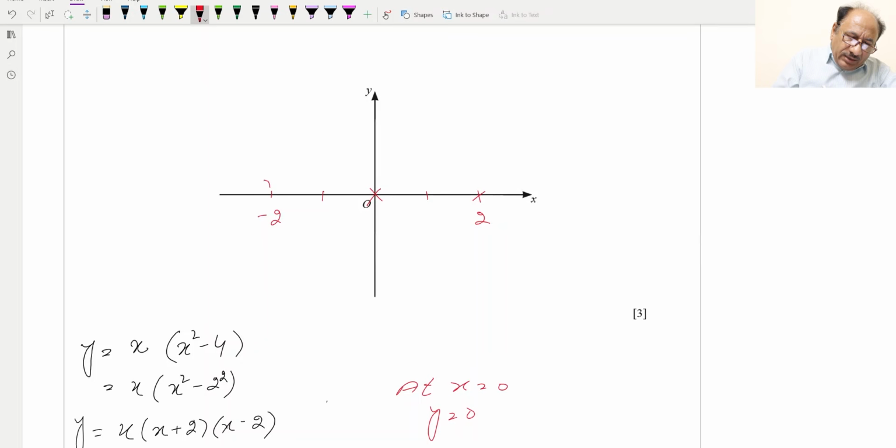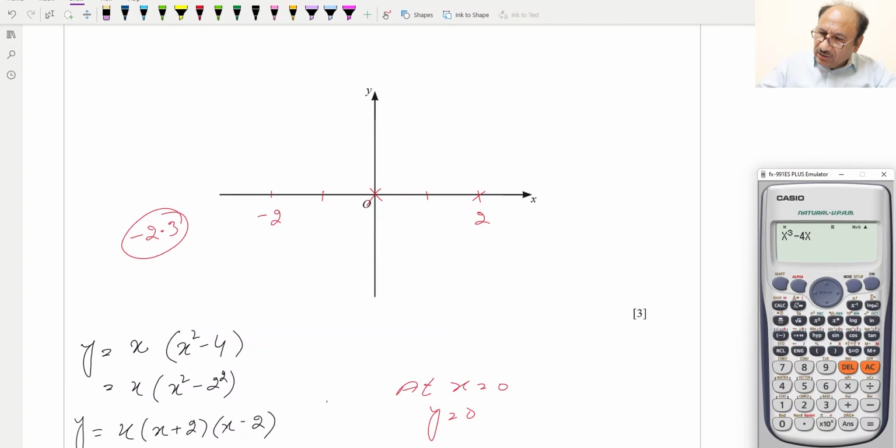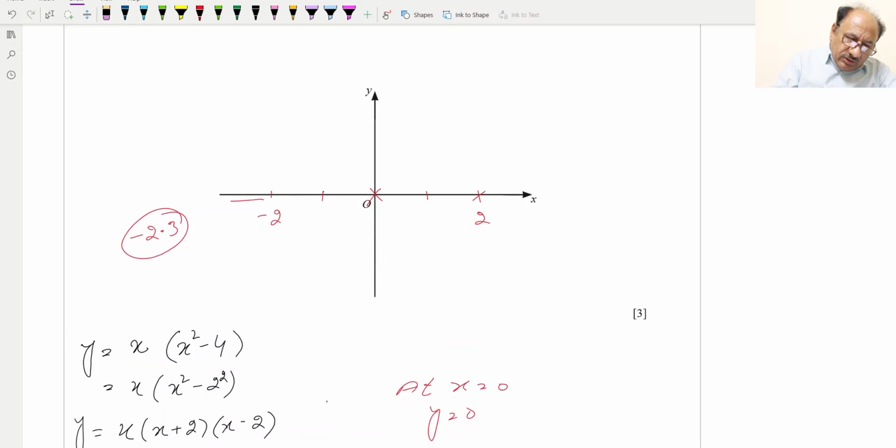So we will take another value on this side, for example minus 2.3 or 2.1 or something like that. So we will be taking any value on this side. If we calculate for x is equal to minus 2.3, we will check whether we will be getting a negative value or positive value. We are getting a negative value. Negative value means if we move this side we are going below the x-axis. So we are approaching minus 2 from this side.